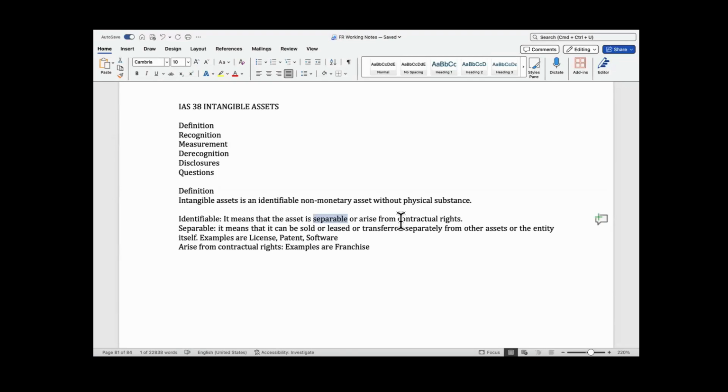You bought it as a result of a contract, so you don't have the right to transfer it to another person. Or there is masthead or even publishing titles. These ones do not arise from contractual rights but are transferable. You can decide to transfer your publishing title. You can decide to transfer your masthead. So there are numerous examples of intangible assets.